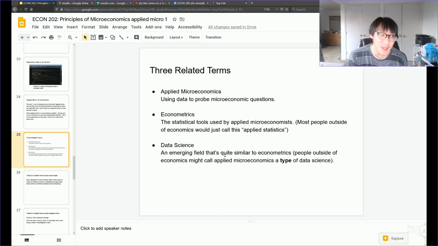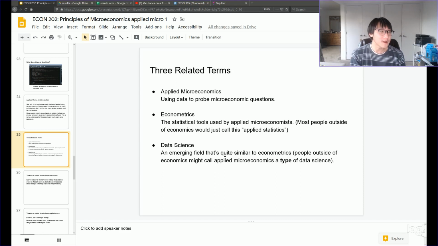Okay, applied microeconomics, as I've said, is using data to probe microeconomic questions. But how do you go about doing that? Well, it's using the tools and methods of something called econometrics. And econometrics is simply the application of statistics to applied microeconomics or to any type of economics. Most people outside of economics would simply call econometrics applied statistics.